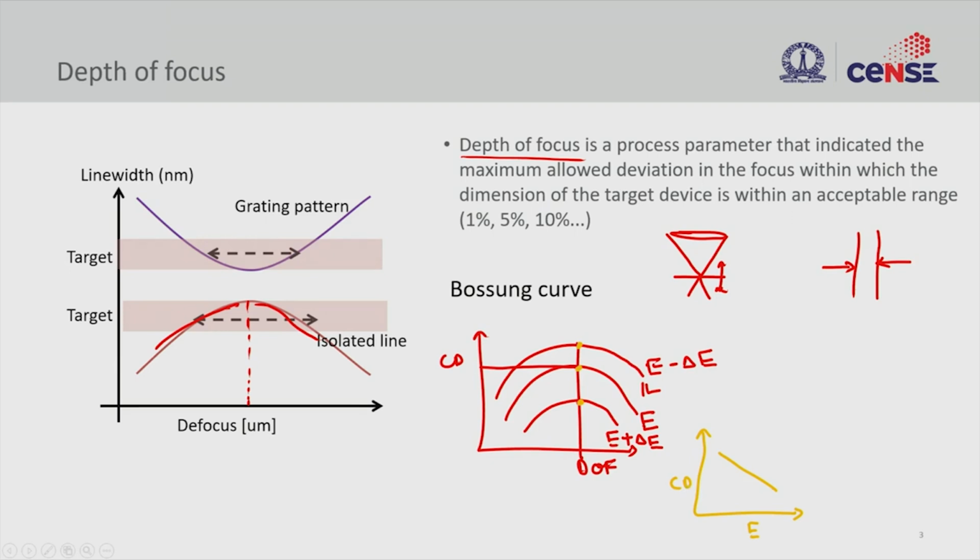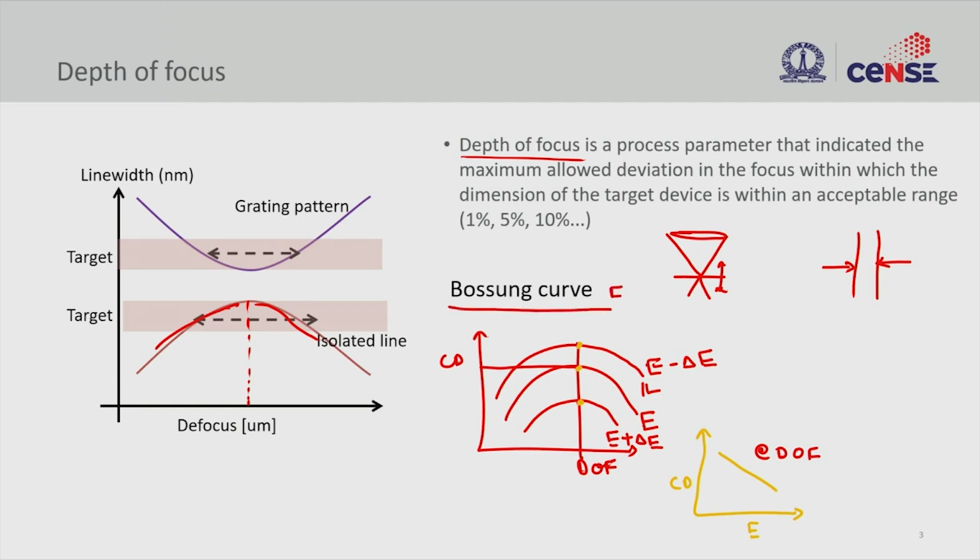But then if I explore all the possible depth of focus, this is at a certain depth of focus. So now I'm changing the depth of focus. I get this group of plots, right. So this variation in both exposure dose and depth of focus is called Bossung curve, right.